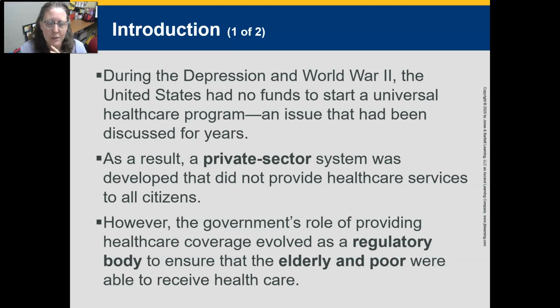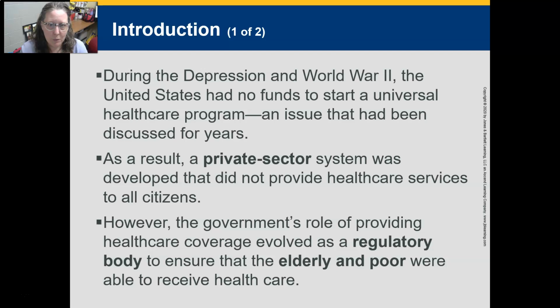But as healthcare started to advance and different technologies started to be implemented, like the advent of x-rays and the beginning of some of the lab testing, the healthcare industry grew, and so we had talks during the Depression and World War II. So that's like Depression is 1927, World War II is 1940 to 1945.